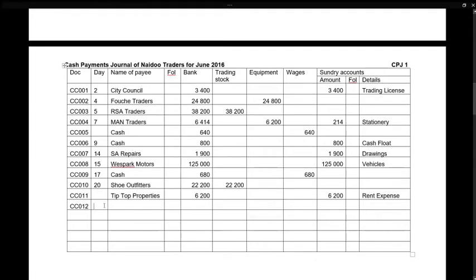This took place on the 23rd, and I paid this money to Telkom, an amount of 1,890 Rand, and that was for the telephone bill. Very importantly, this is just for the telephone bill, not for the actual telephone. The actual telephone will be an asset account.